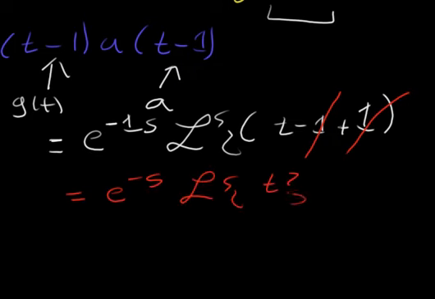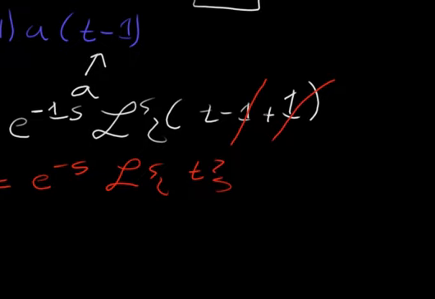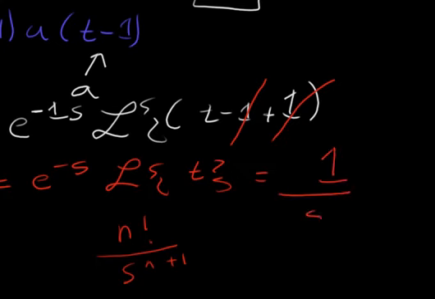And for the first one, this is the Laplace transform of t. So what is the Laplace transform of t? We know that the Laplace transform of t to the n is n factorial over s to the n plus 1. So here, the Laplace transform will be simply 1 over s squared, correct?